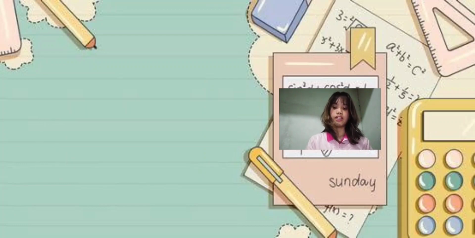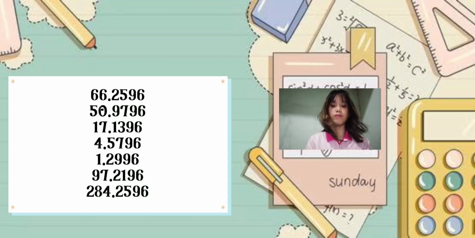Negative 7.14 squared is 50.9796. Negative 4.14 squared is equal to 17.1396, while negative 2.14 squared is 4.5796.